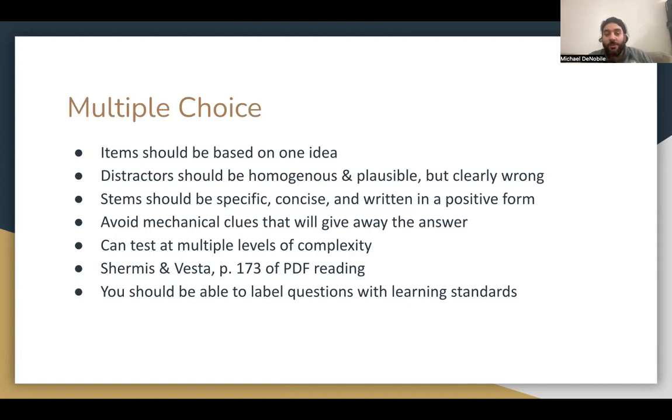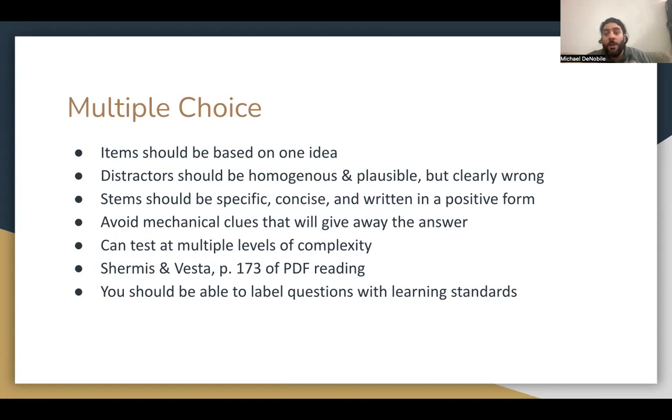Distractors in a multiple choice question. Remember, the function of a multiple choice question is you have the correct answer and then you have distractors. So distractors should be homogeneous and plausible, but clearly wrong. They should be curveballs, but they shouldn't be, oh my God, I have no clue. It shouldn't be like two of them could be correct.